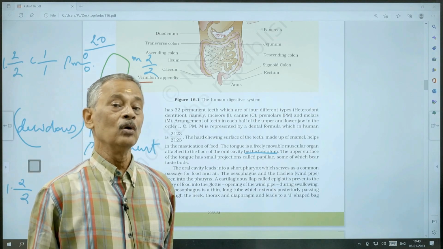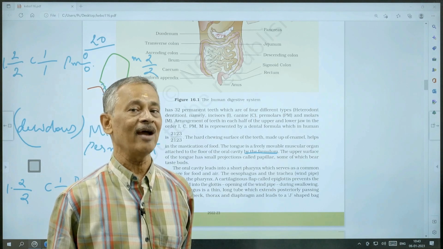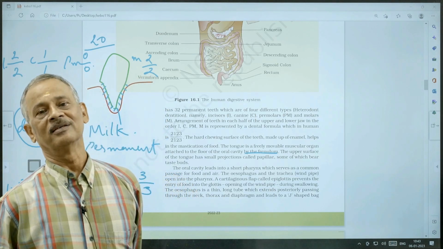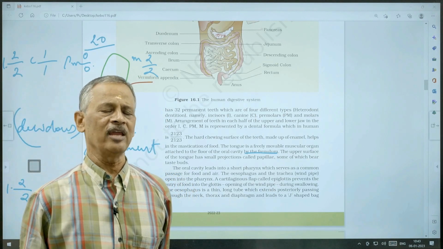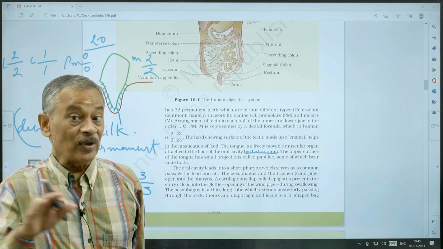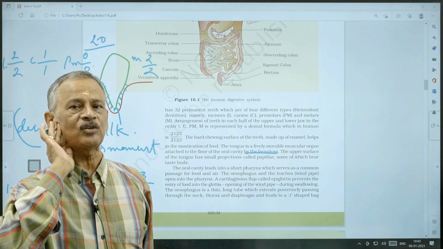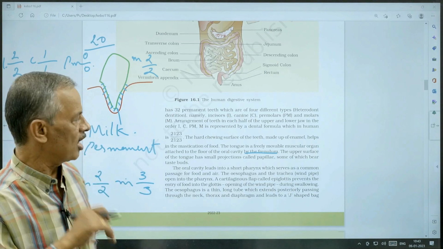Many of you at this age of 17 or 18 may not have that tooth appeared. It may appear by the time you reach 18, 20, like that. That is why it is called wisdom teeth. The last set of molar is called wisdom teeth.